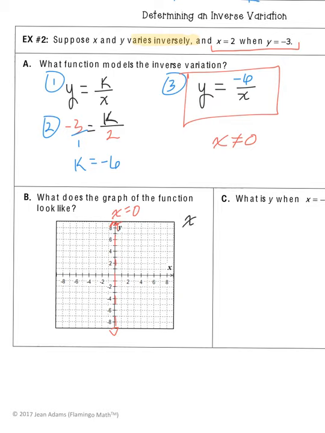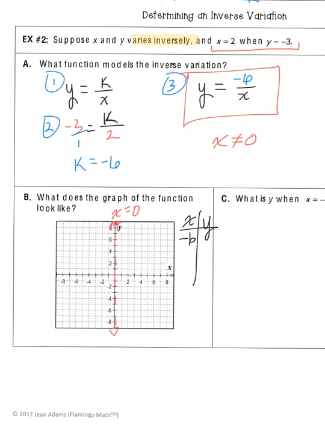So I've got x, y, and as I told you, I'm only going to choose values for x that divide into -6. On my graph, the biggest number that divides into -6 that will fit on my graph is -6 itself. So I'm going to choose -6. As I go across this graph, -5 won't work, -4 won't work, -3 will work.